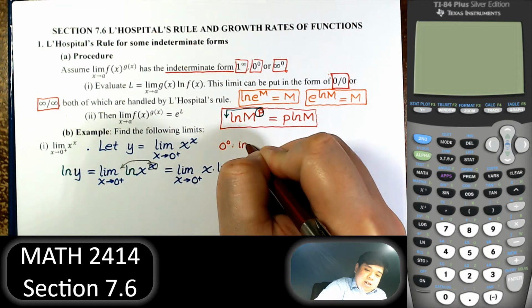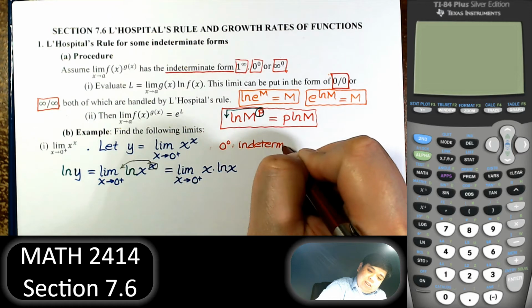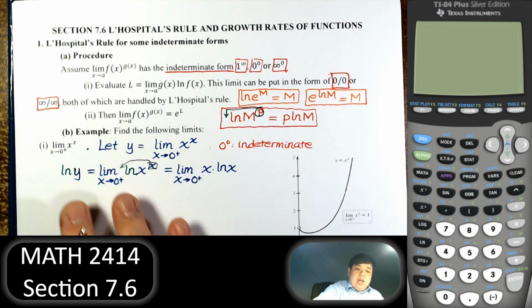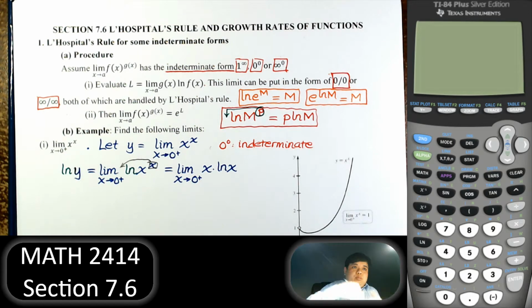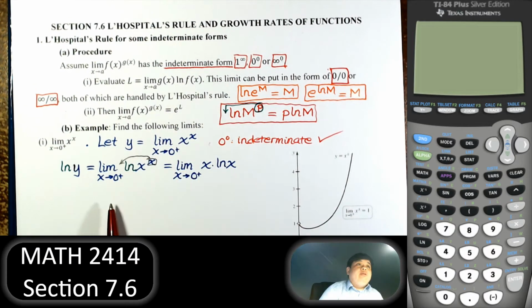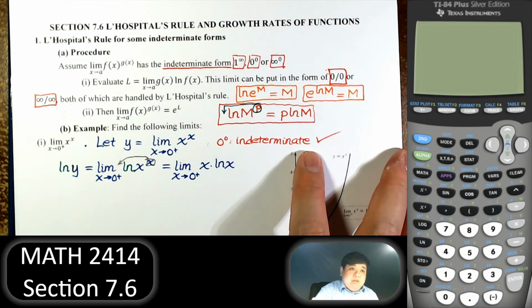So it is an indeterminate form. If it is not indeterminate, we don't need to use L'Hôpital's rule. Just put the numbers in directly, and that's the limit, if it is defined. So that is an indeterminate form, so we can use L'Hôpital's rule later. We should always do that first.